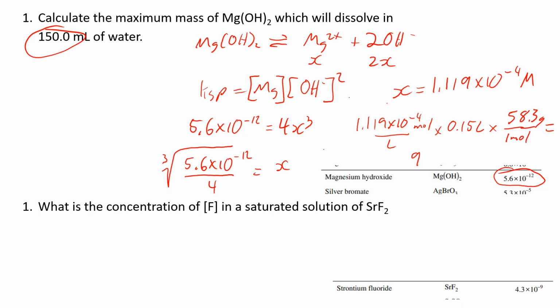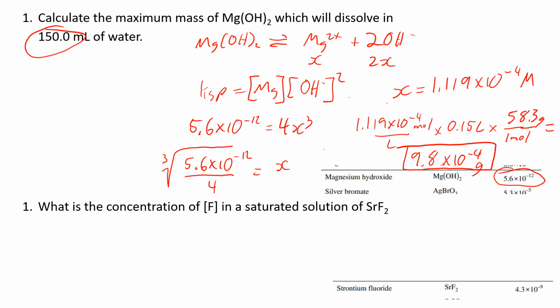The answer is going to be 2 sig figs because of Ksp, so it's going to be 9.8 times 10 to the minus 4 grams. So a very small amount. It is barely soluble, that's why it's such a small amount of mass. So that's your answer number 1.